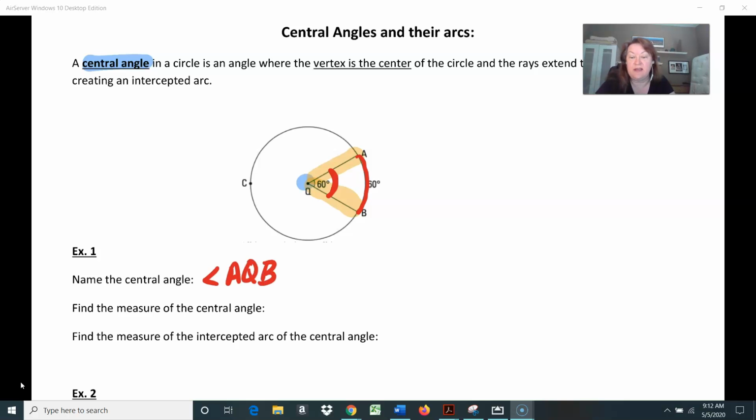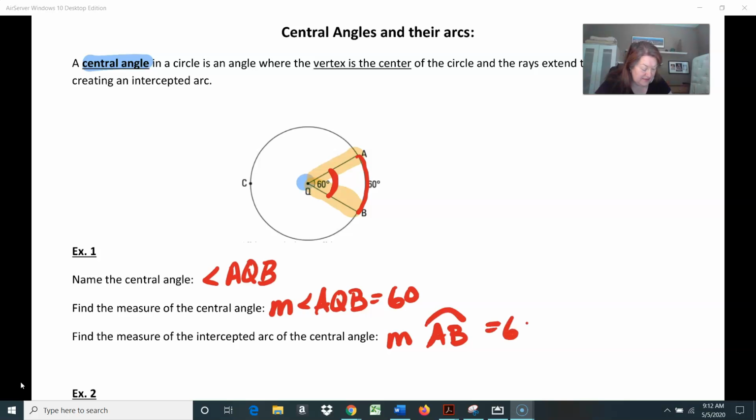And if they wanted me to find the measure of it, remember we would use an M in front for a number. So we'd say angle AQB is equal to 60. And if they said find the measure of the intercepted arc, we would say that the measure of arc AB, with the little arc symbol over it, is equal to 60. That's the main idea that we're going to be working on for central angles.